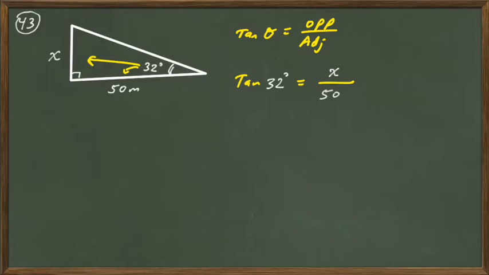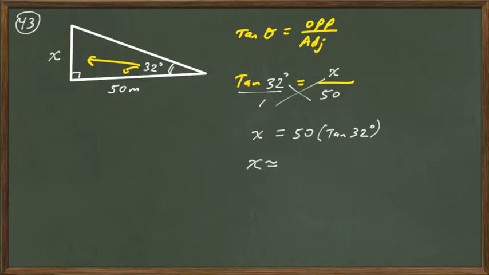Now I'm going to solve it for x. To solve it for x, I might put this over a 1 and cross multiply. When two fractions are equal, you're able to do that. 1 times x is x. You cross multiply this way, you'd have 50 times the tangent of 32 degrees. Bear with me as I punch this into my calculator. I have 50 times tangent.